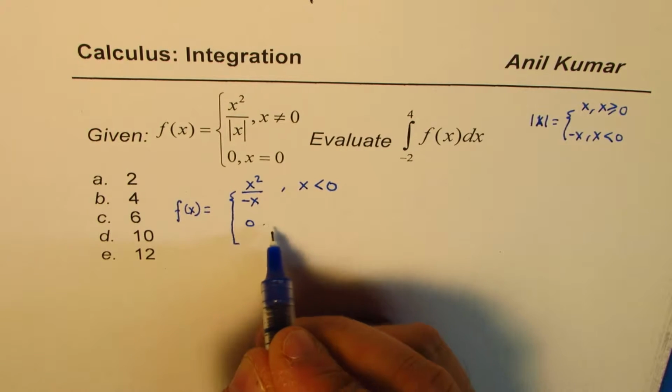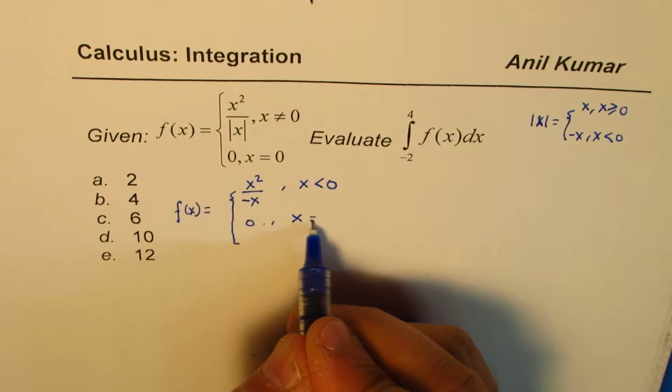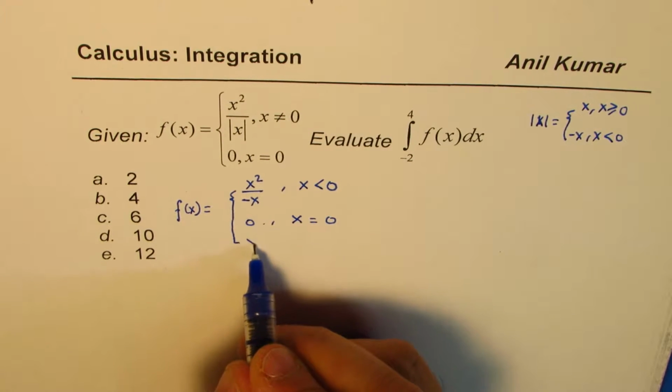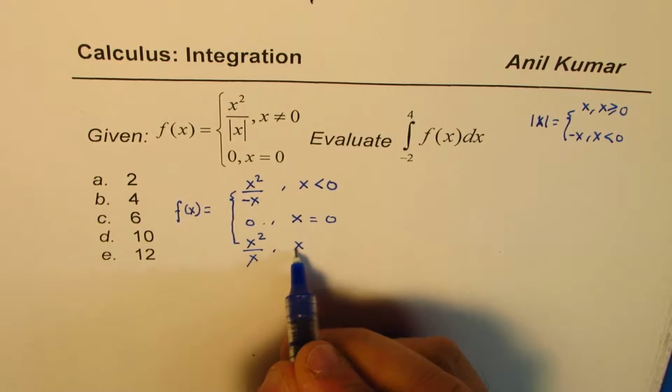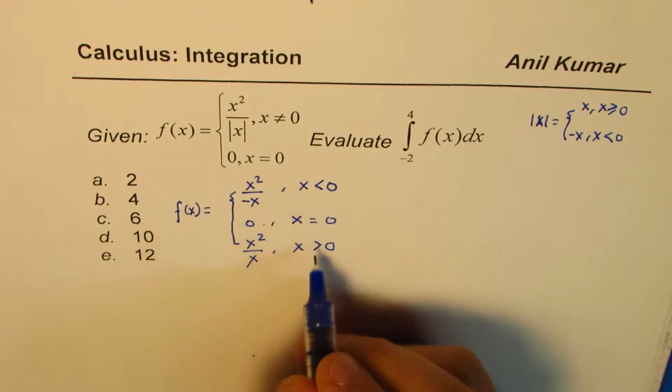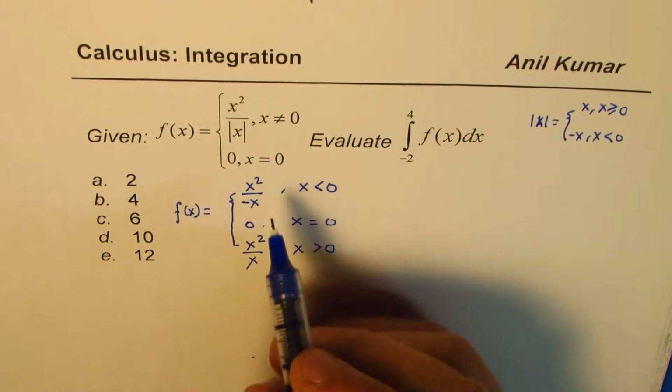At 0 we are given this is 0 when x is equal to 0, and that should be x squared divided by plus x for x greater than 0. Perfect. So that becomes a piecewise function for the same, right?